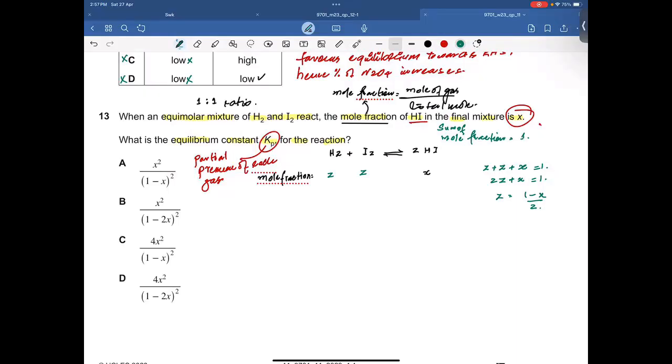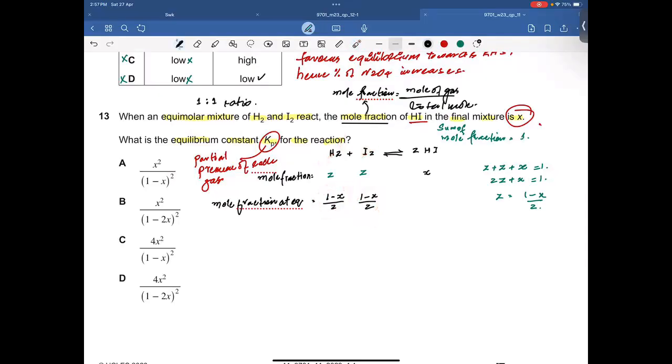So mole fraction at equilibrium is going to be (1 minus X) upon 2, (1 minus X) upon 2. Both hydrogen and iodine have same mole fraction because 1:1 ratio.